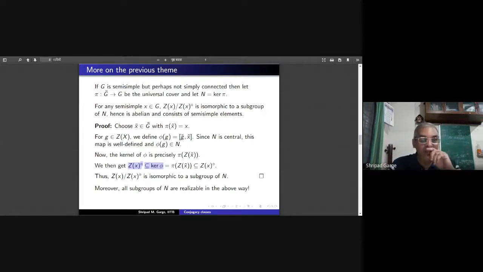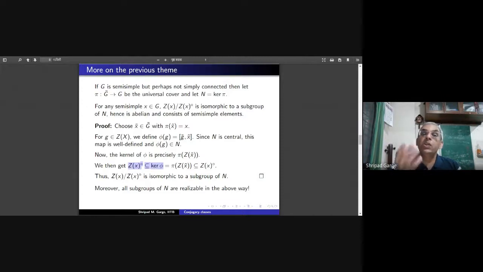Moreover, you may ask whether this result, that the centralizers of semi-simple elements are all connected, is true for simply connected groups. Now, if your G is not simply connected, do you still have this result? That you take any semi-simple element in your group and the centralizers are again connected. Is that possible? And the answer is no, that is not possible, because all subgroups of capital N can be realized in this way.